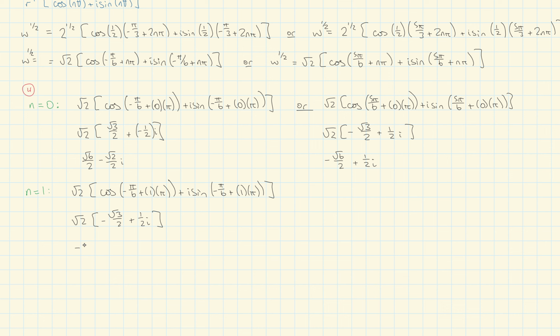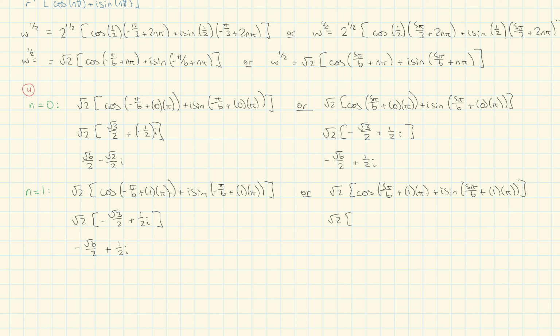Multiply that out in your calculator, you get minus root 6 over 2 plus a half i. Or then our other solution, we have root 2 cos of 5 pi over 6 plus 1 times pi plus i sine 5 pi over 6 plus 1 times pi.